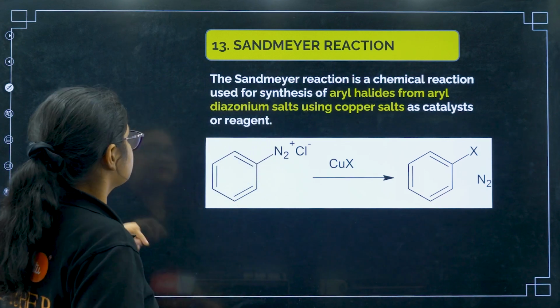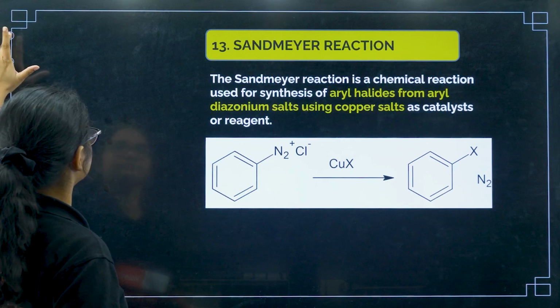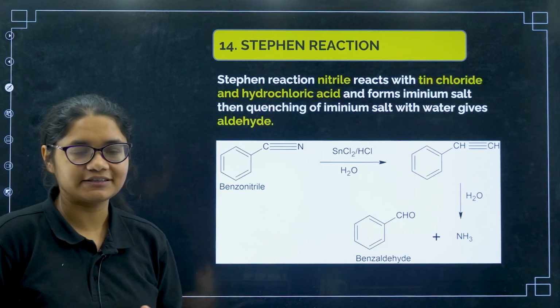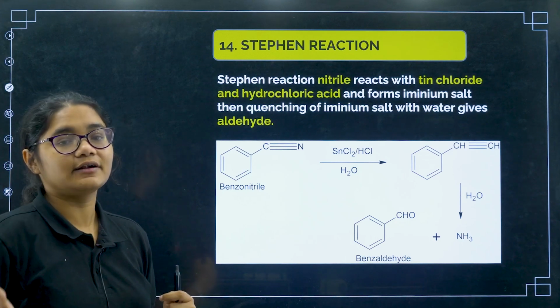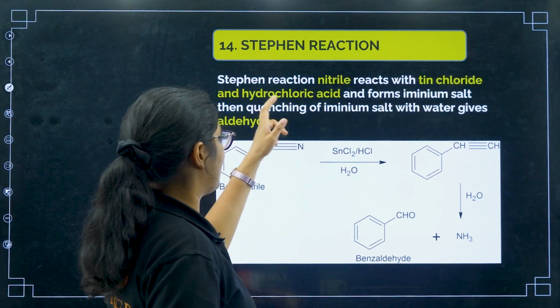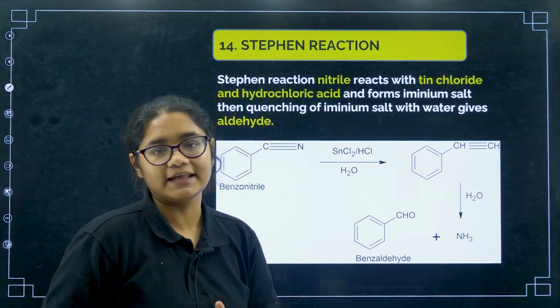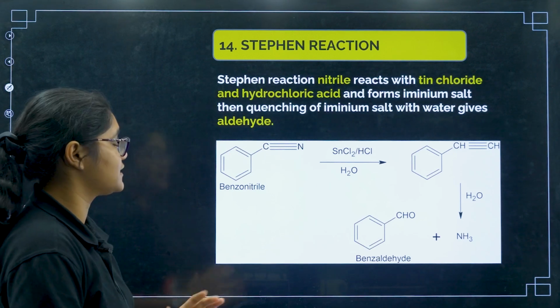Okay, next we will move to S, I think we have Swarts reaction. Before that we have Stephen reaction as well. So in Stephen reaction, what happens? Nitriles are converted to amines, right? Nitriles react with tin chloride and HCl to form iminium salt, which gives you aldehyde. Sorry, not amines, it is for aldehyde, Stephen reduction.